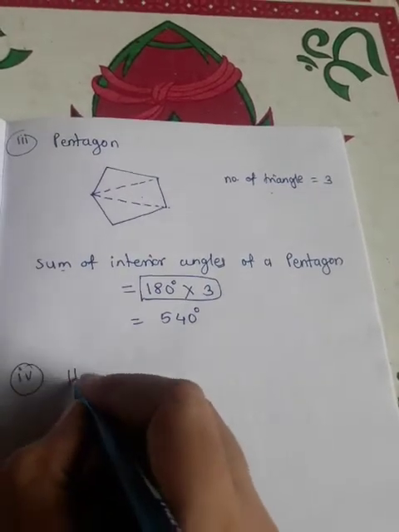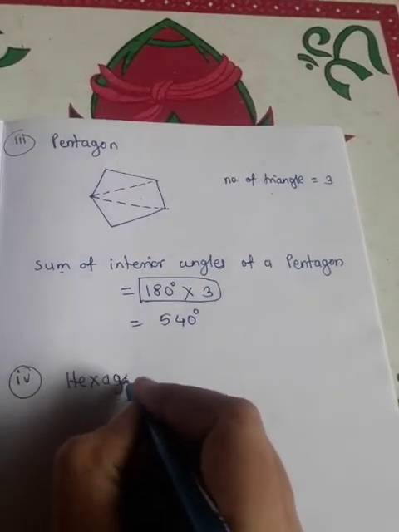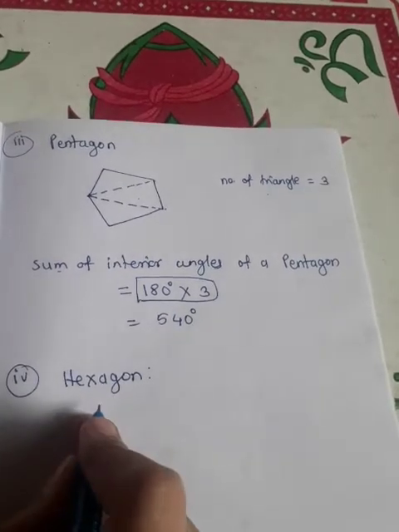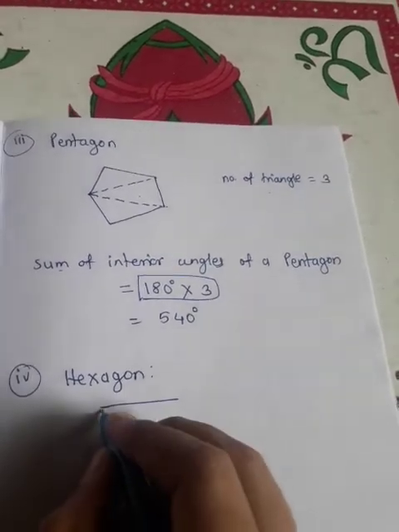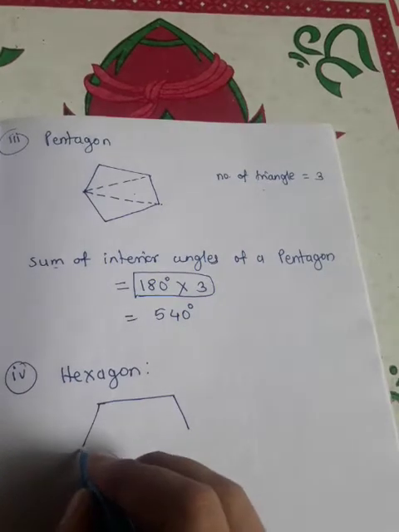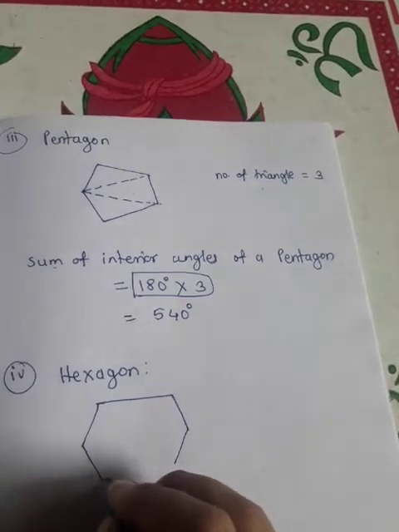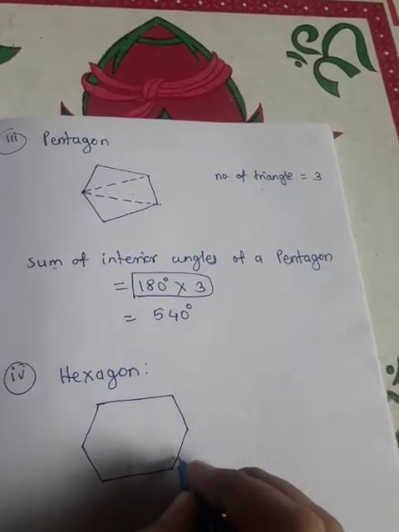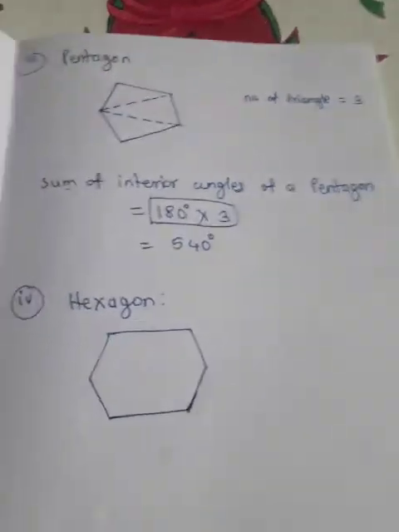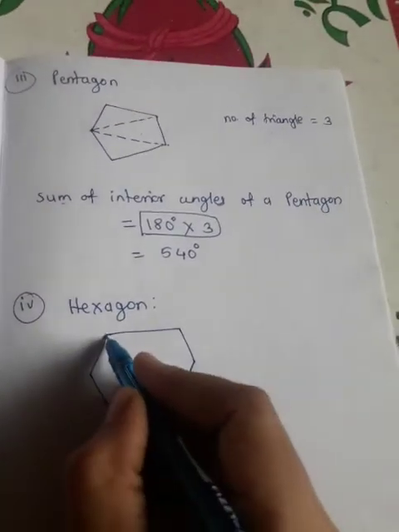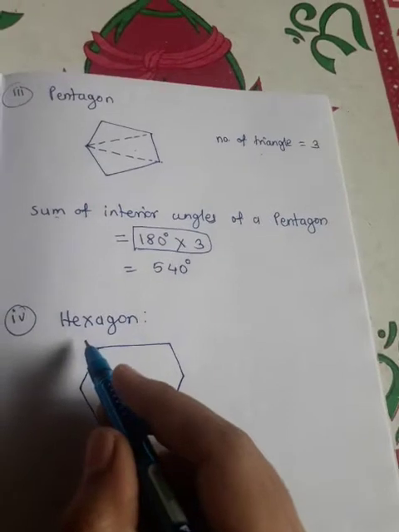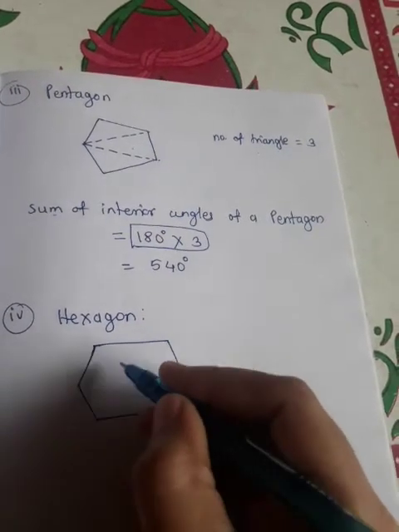The fourth polygon is the hexagon. Okay, a hexagon means a polygon with 6 sides. So draw a polygon which has 6 sides. Now, to find the sum of interior angles of a hexagon, first make triangles.